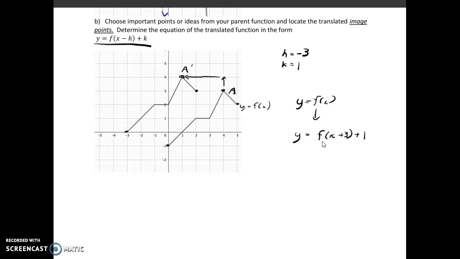If you choose to write the point notation, you would start off with point (x, y). How did that get transformed? That gets transformed into point (x minus 3, y plus 1). My y values, we just added 1.